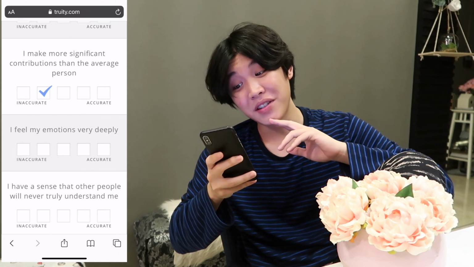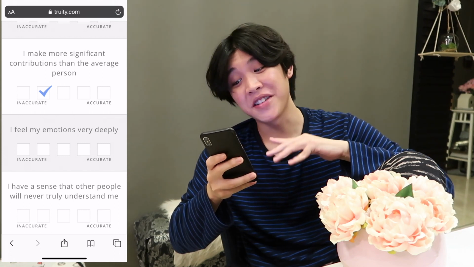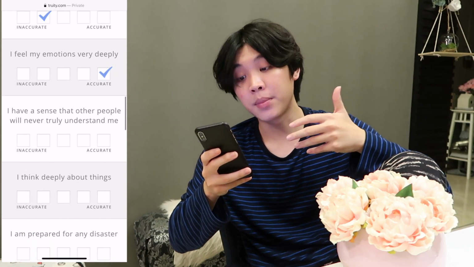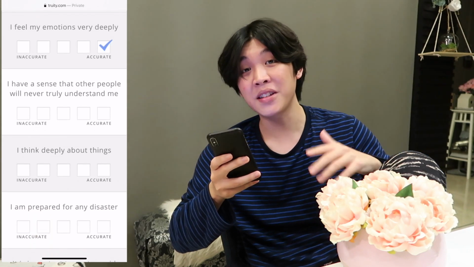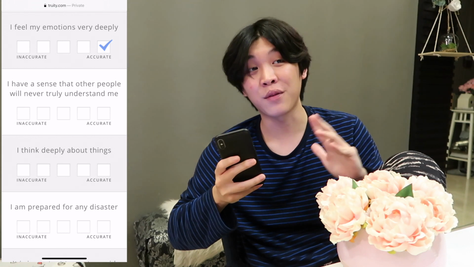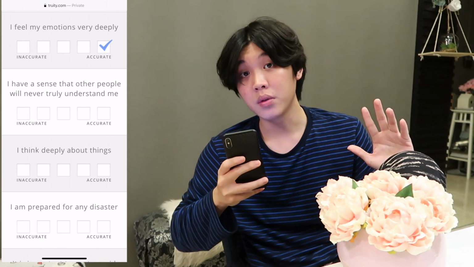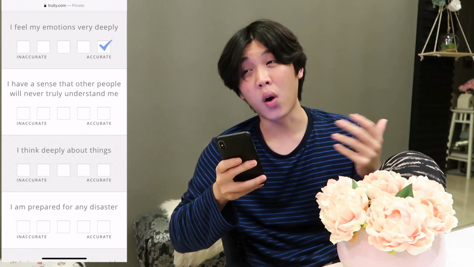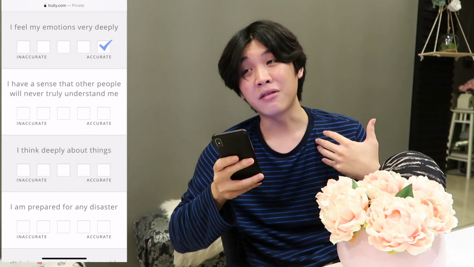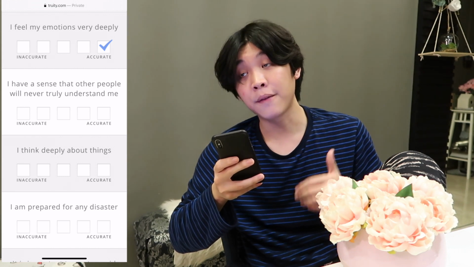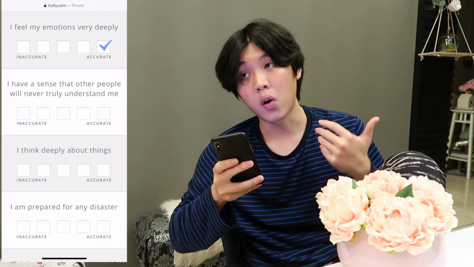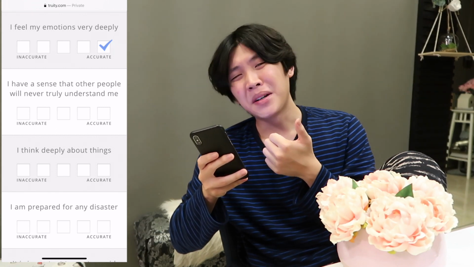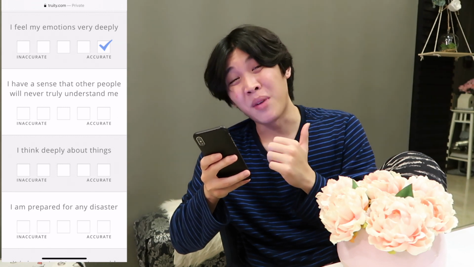I feel my emotions very deeply. Oh my gosh, this is like 150%. These days I've really been watching my emotions because this quarantine thing is really messing with my mood. At times when things don't go the way I want, I'll be really disappointed, and I'm fully aware of how disappointed or sad I'm feeling, but I can't really control my emotions well.